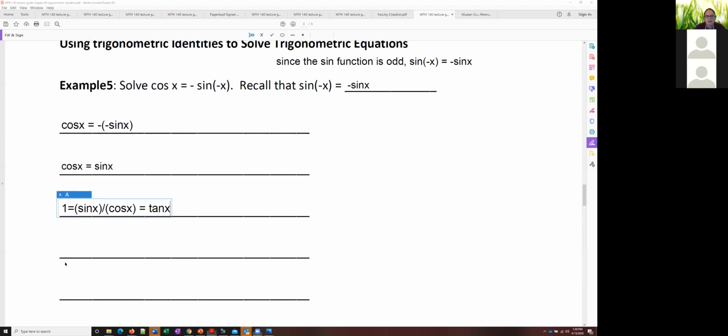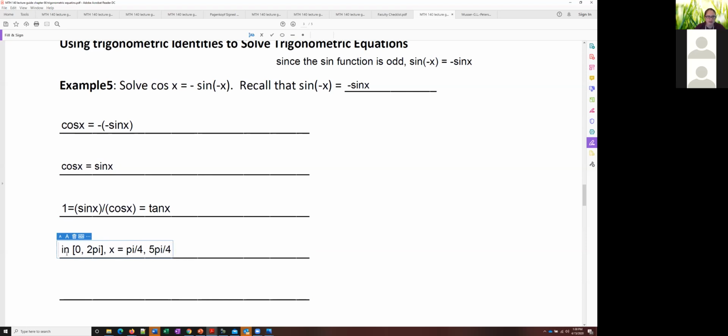So first of all, in the interval from 0 to 2 pi, what are the solutions? x would be pi over 4, and the other solution would be 5 pi over 4, right?